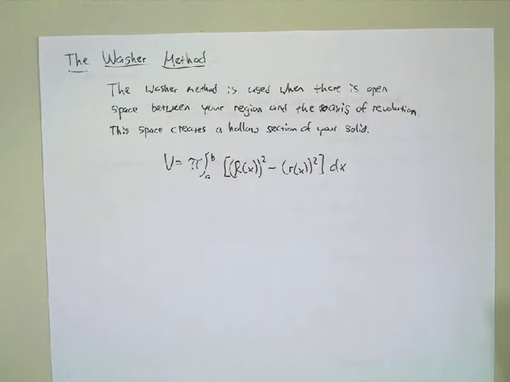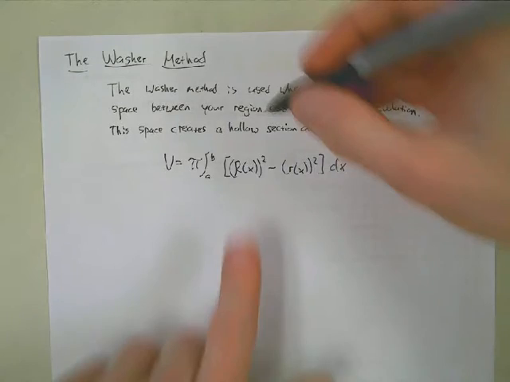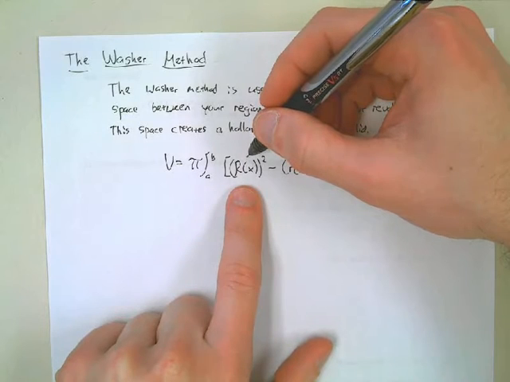What do I mean by big and little radius? The big radius is the radius of your region that's furthest from the axis of revolution.